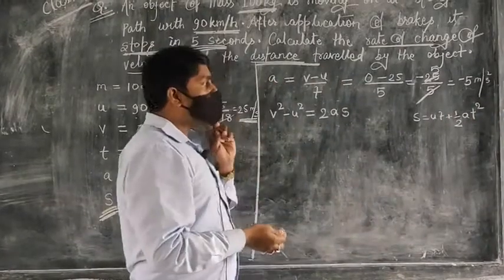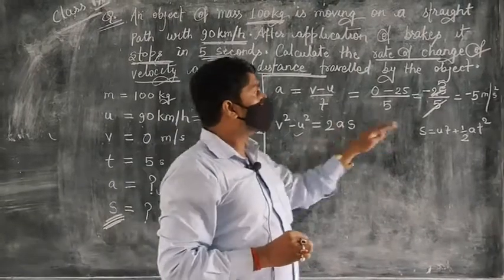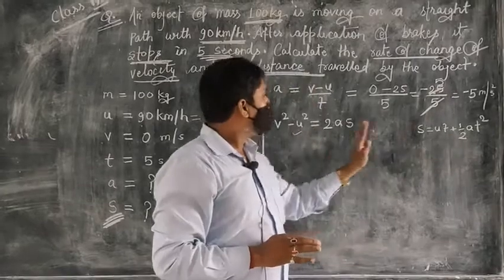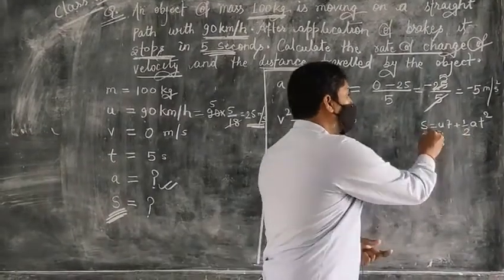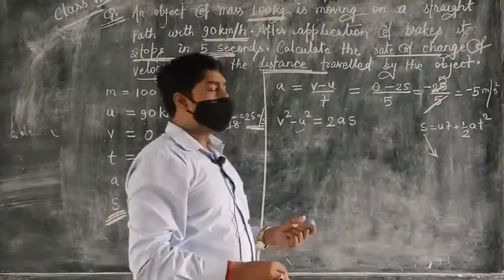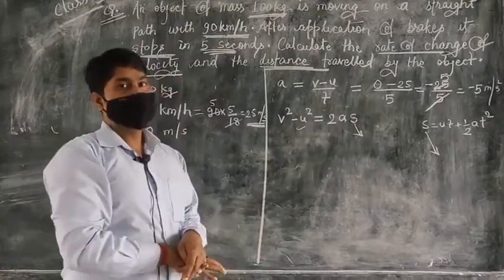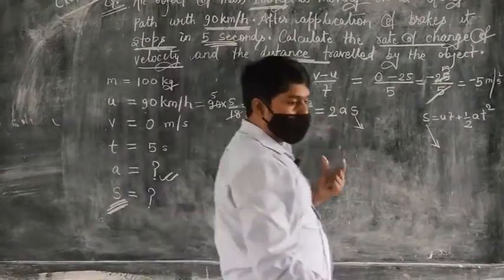So either you use the third equation of motion, or this equation, which is the second equation of motion. It depends upon you. If you use this one, you can easily calculate s. Again you can easily calculate s by using the other equation. So now suppose we are going to take this equation.